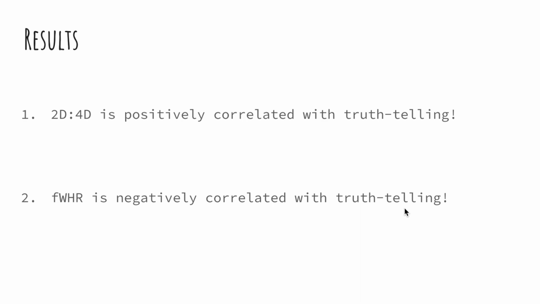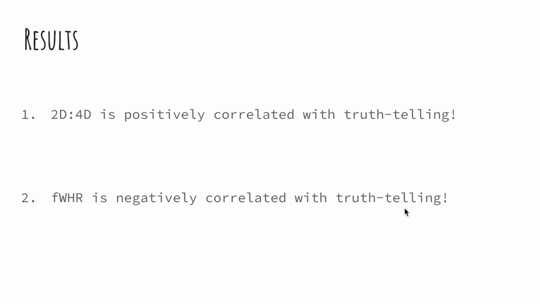Okay, and what are the results of the experiment? The results found two rather controversial findings. The first is that 2D:4D was found to be positively correlated with truth telling. But they also found that facial width to height ratio is negatively correlated with truth telling.